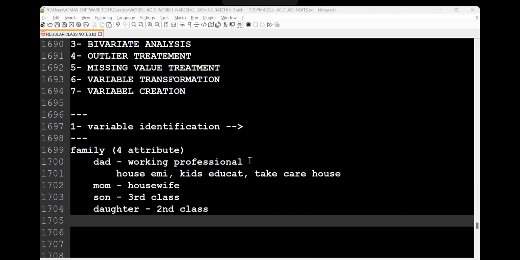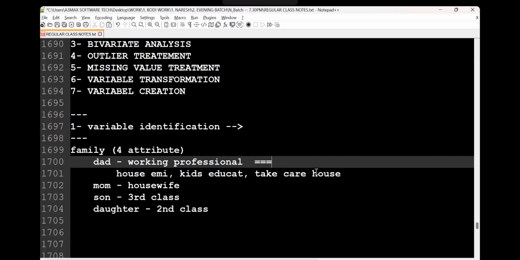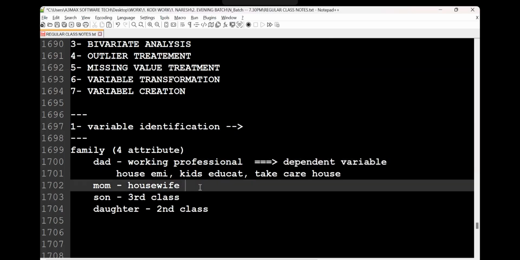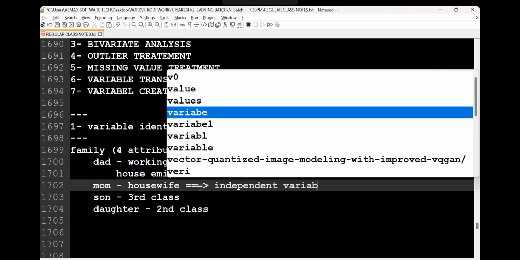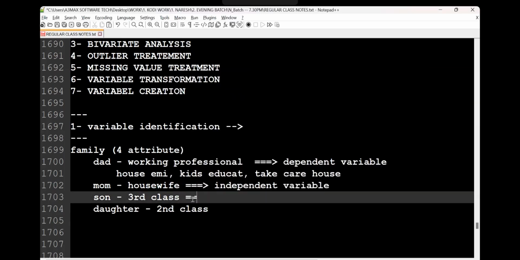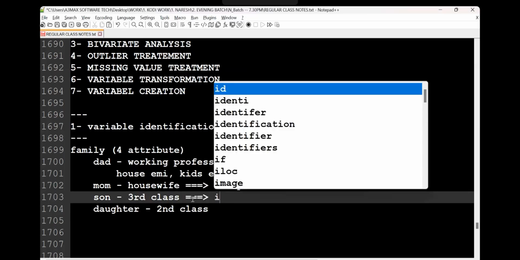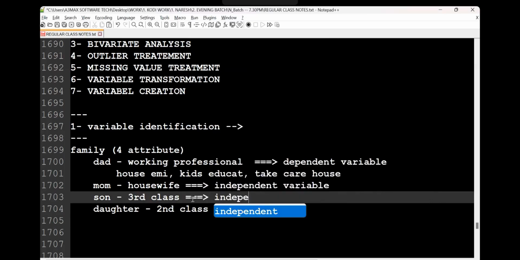So can I say here dad is the dependent variable? Dad is the dependent variable. Mom is an independent variable. Don't be researchers, sir, asking why they are independent. Please understand all these things.